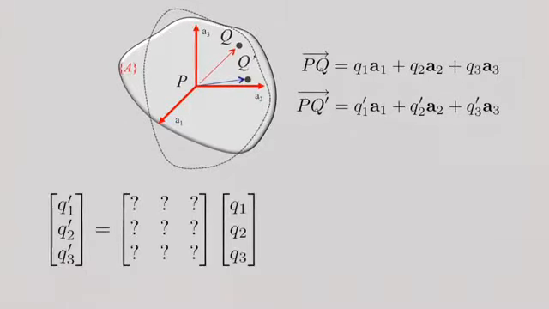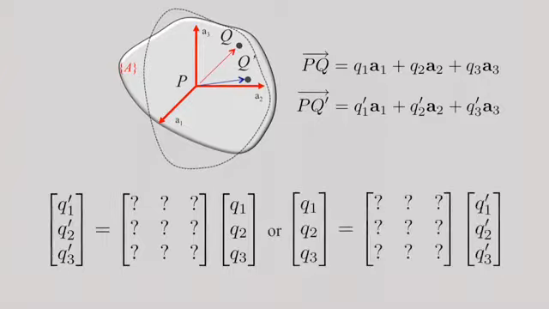I can ask how to write Q1 prime, Q2 prime, and Q3 prime as a function of Q1, Q2, Q3. Is there a matrix that connects them? And I can also ask the reverse question, is there a matrix that connects Q1, Q2, Q3 to Q1 prime, Q2 prime, and Q3 prime?